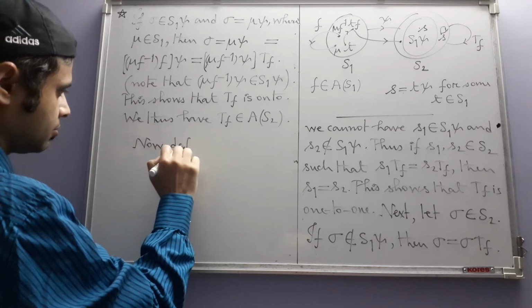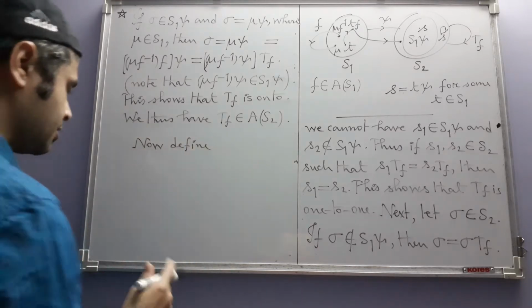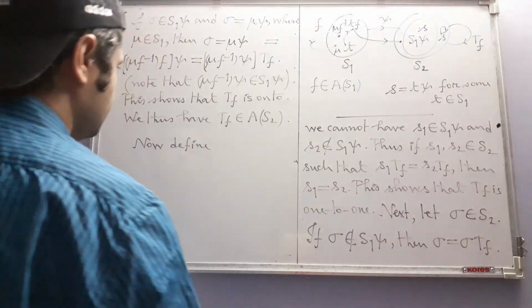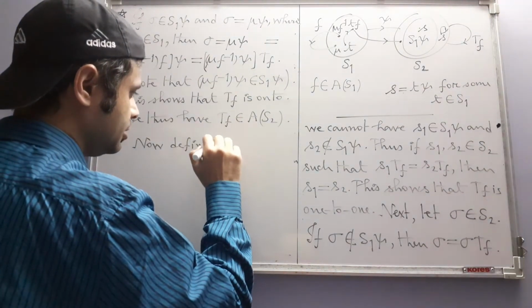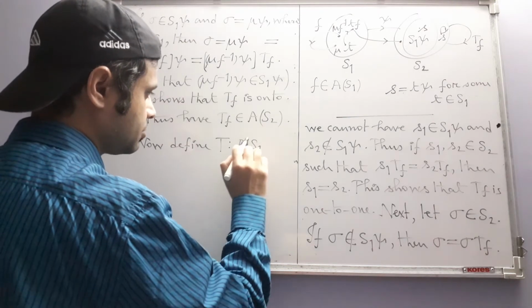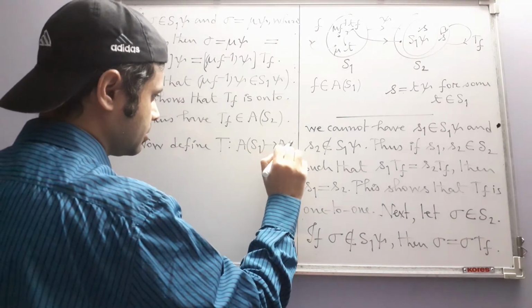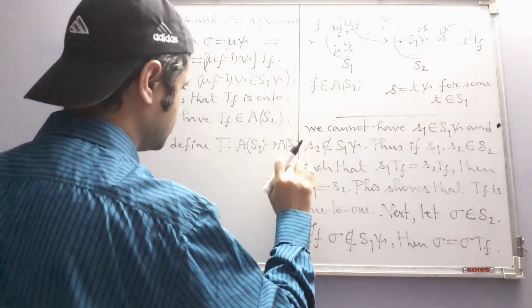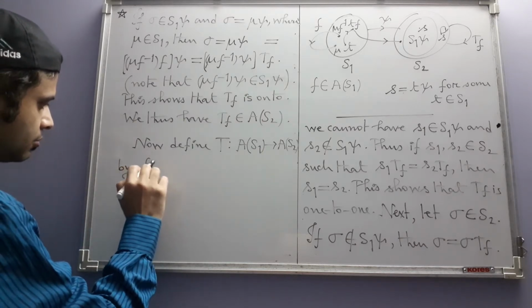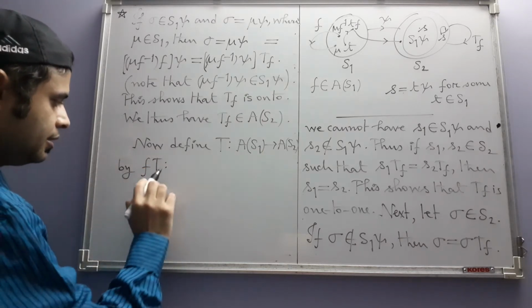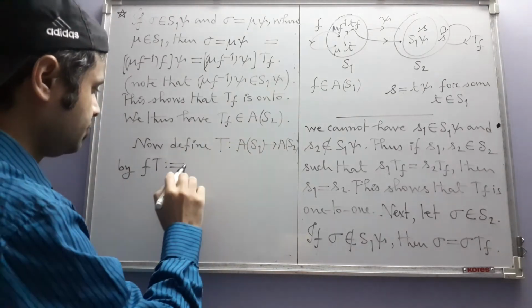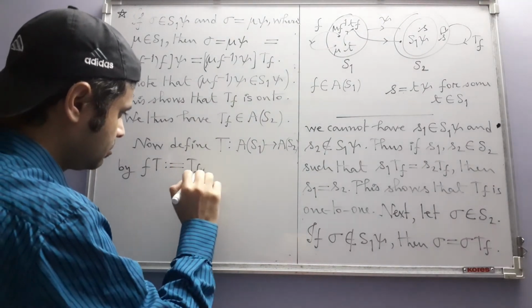Now define a function which we have denoted here by T from AS1 into AS2. Now we are in a position to define that function: the T image of F, where F is an input coming from AS1, is defined to be equal to TF.